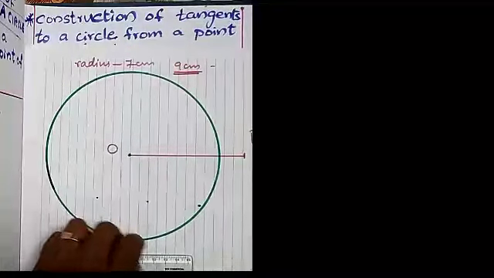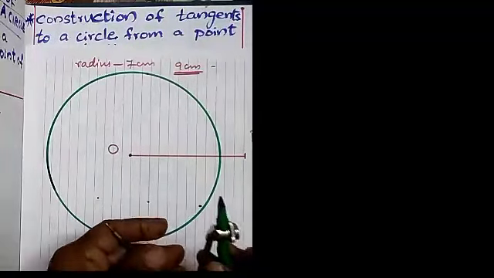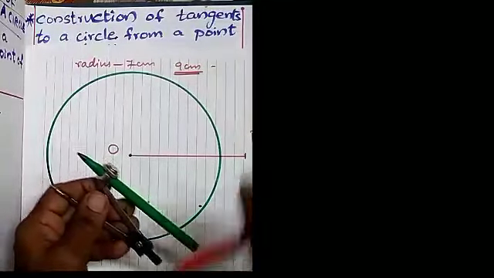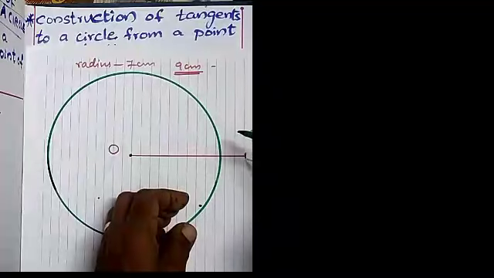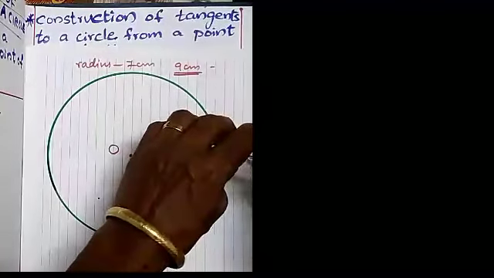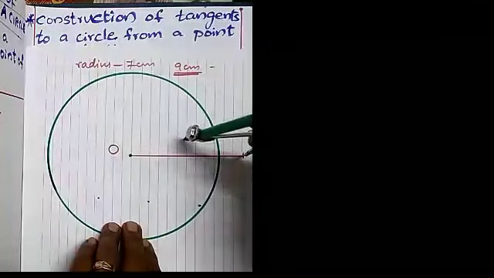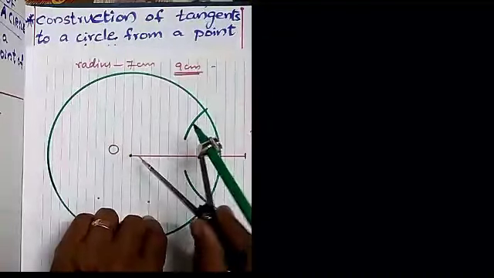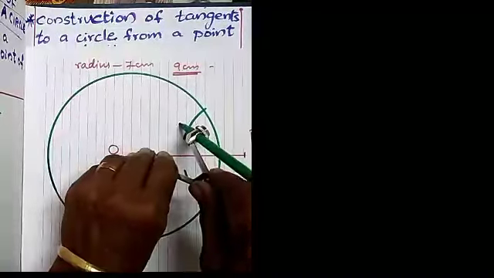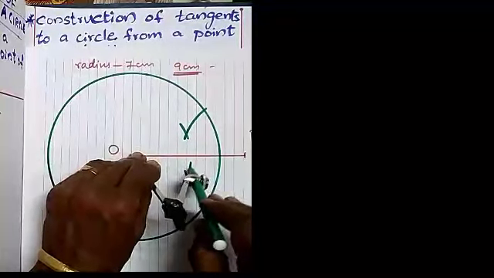Now what is our next step? Construct the perpendicular bisector of OP. For that, what we can do? Perpendicular bisector. Just you select P as center, more than half radius, draw two arcs on both sides. With the same radius, O as center, draw another arc.